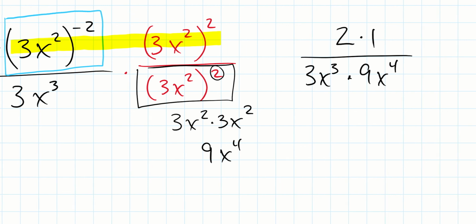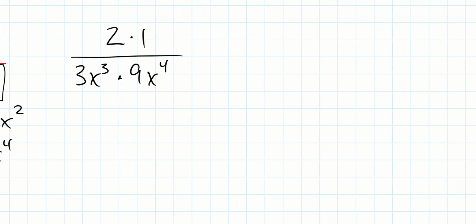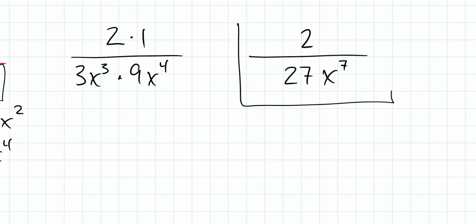In my denominator now, I have the number 27, 3 times 9, and I have 7 factors of x, x to the 7th power, and in my numerator I have the number 2. I know that there are no common factors with 2 and 27 because 27 is just built with 3 times 3 times 3. So this would be my final simplified answer.